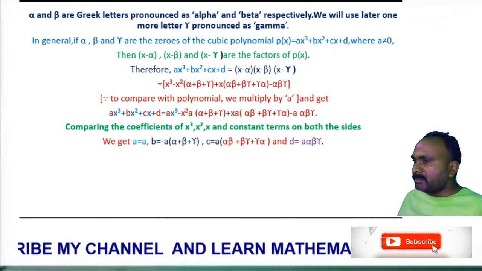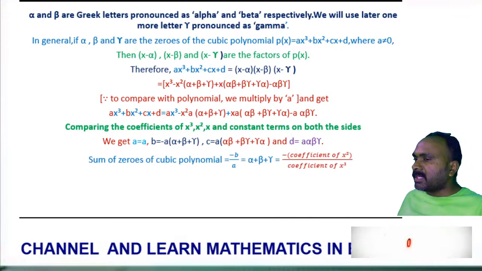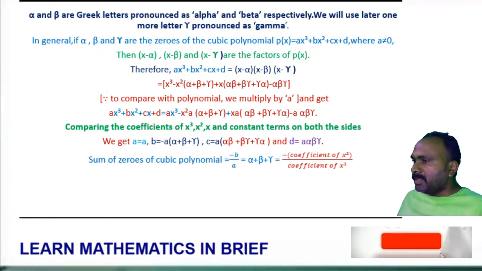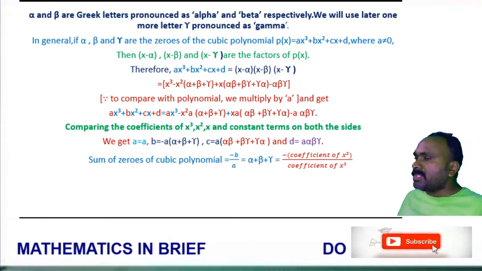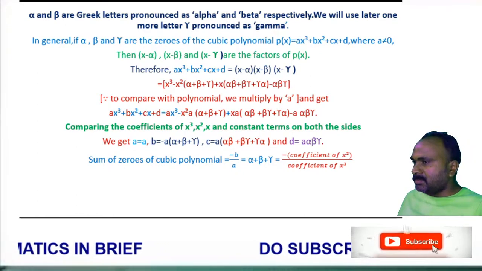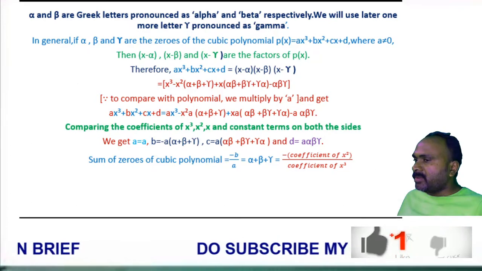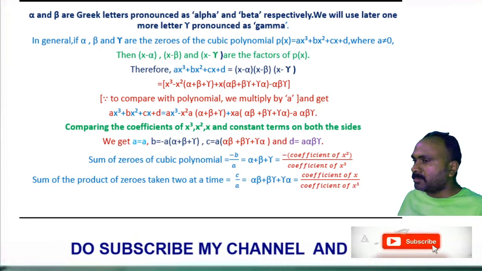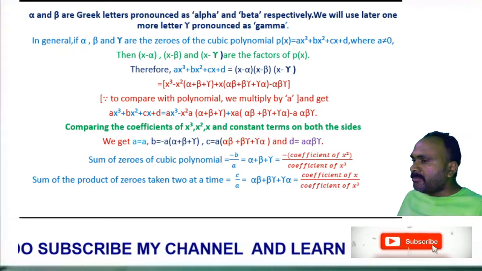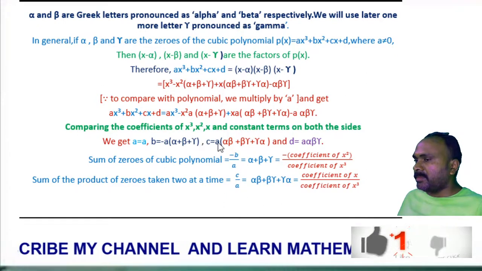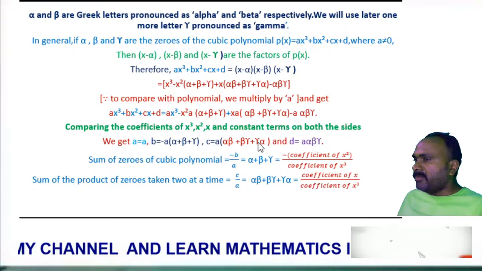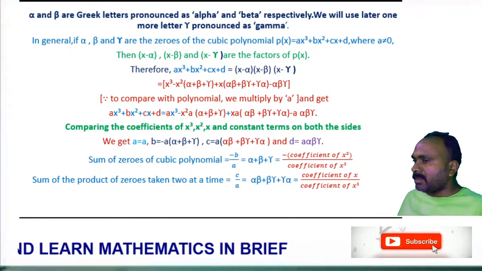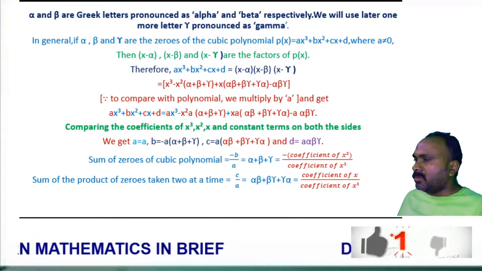Now alpha plus beta plus gamma equals minus b by a. Here, the sum of zeros of the cubic polynomial is minus coefficient of x square by coefficient of x cube. The sum of products of zeros taken two at a time, alpha beta plus beta gamma plus gamma alpha, is c by a, that is, coefficient of x by coefficient of x cube.